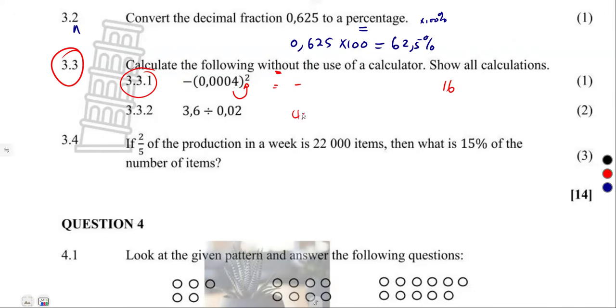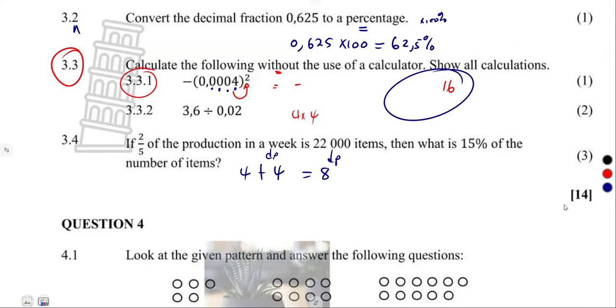4 times 4. So the number of decimal places, you count them, 1, 2, 3, 4. So there are 4 decimal places from the first one, but we're multiplying. A squared means that it was multiplying itself by another one which has 4 decimal places. So you add, this is for our decimal places. 4 plus 4, that's 8 decimal places.